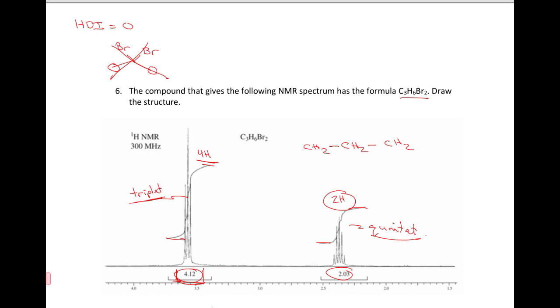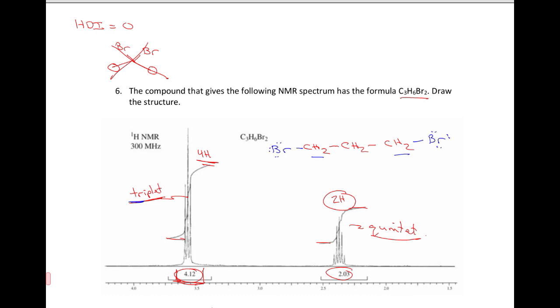The triplet, I'll highlight it in blue, is represented by these 2 protons and these 2 protons. So then the only possibility for the bromines is to put them on the end like this, because in organic chemistry, bromine only ever has 1 bond. So that's where we would put our 2 bromine atoms.